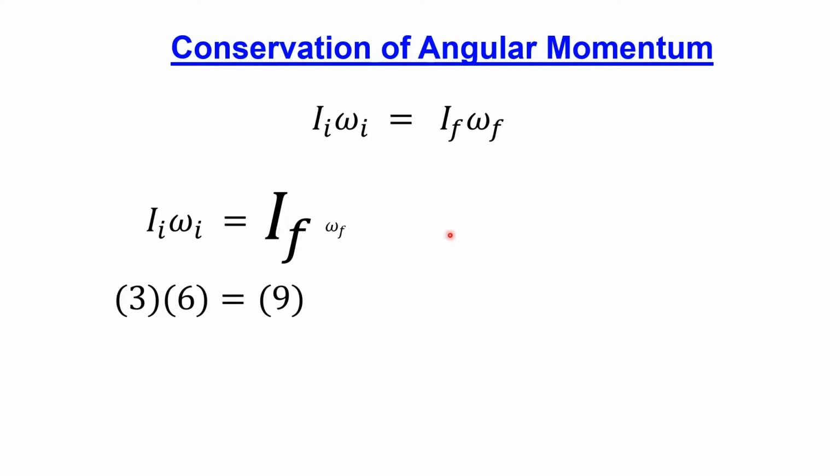Well, in order to preserve this ratio, that would mean my angular velocity here has to decrease by the same factor, so it would be cut to a third, which would be 2 in this case. So the product of these two quantities is still 18, just like it was before. But what you're really seeing is that if one increases, the other has to decrease by the same factor.